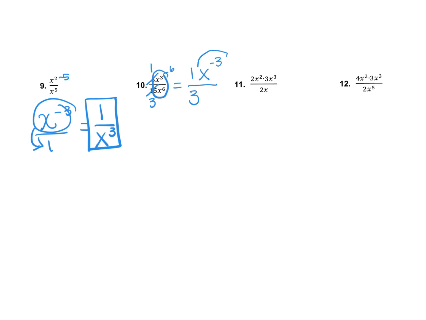So I'm simply just going to take this part right here and bring it to the bottom. I'm going to leave the 1 on the top, and I'm going to have 3 and x to the 3rd. Because remember, if you bring a negative exponent to the bottom, all of a sudden that makes that a positive exponent.